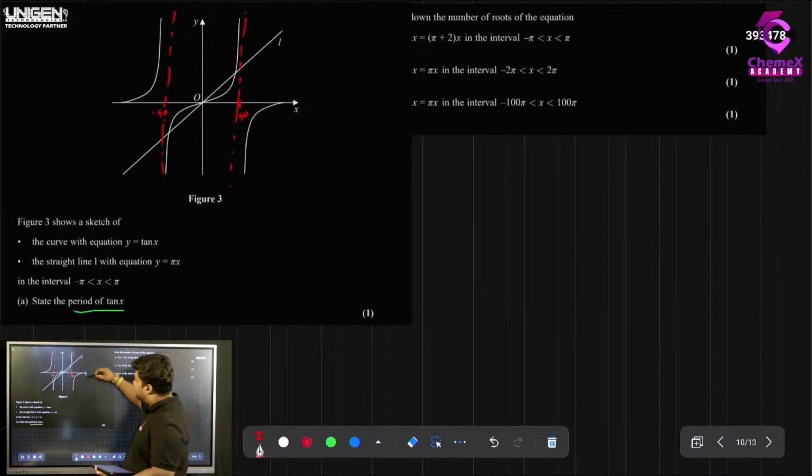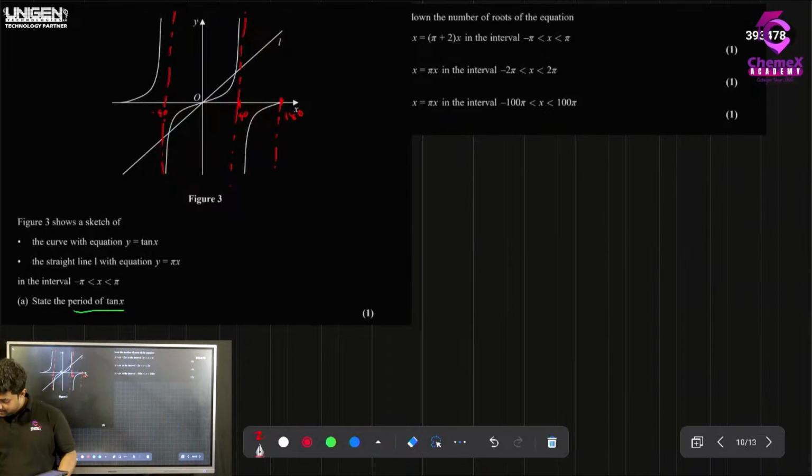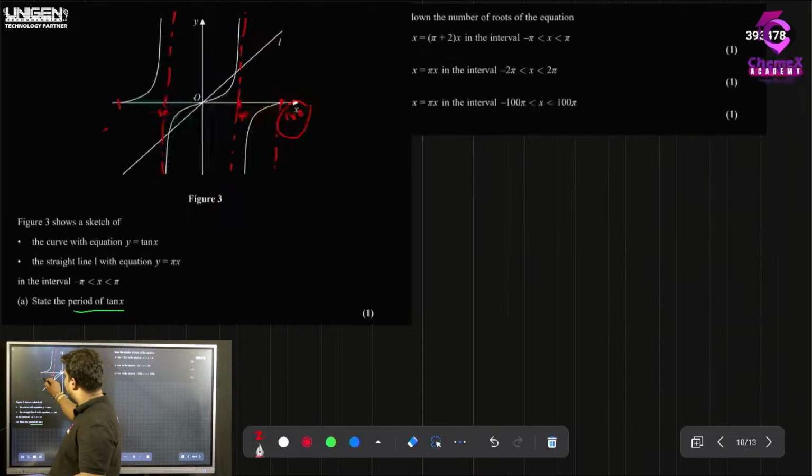So this is going to be what then? 90 plus 90 is what then? 180, right? So tan 180 is again 0. Got it? If you want to recheck, type it and check. So it's plus 180, and this is minus 180.